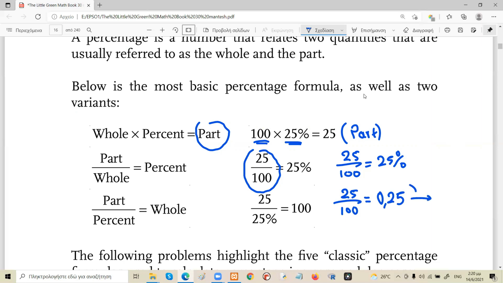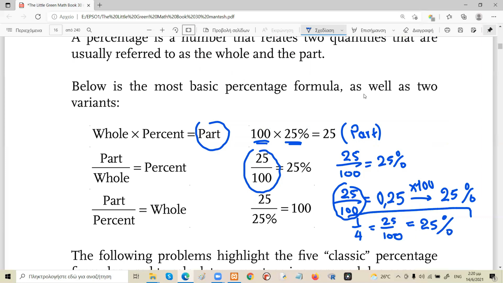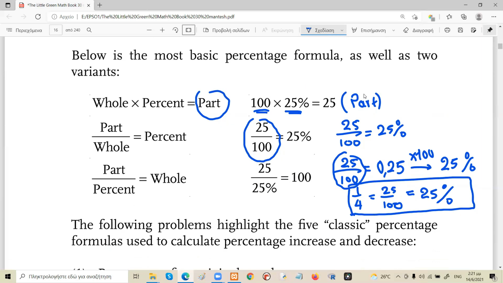You multiply by 100, and what you have is 25%. So the fraction 25 over 100, that's exactly the same as the fraction 1 over 4. If you simplify that, it gives you exactly 25%. So these three expressions here are absolutely equivalent.